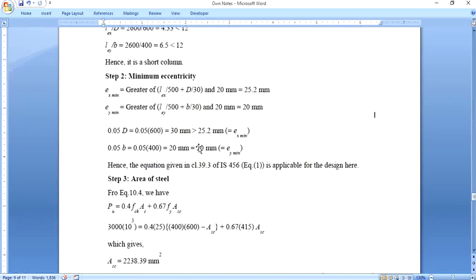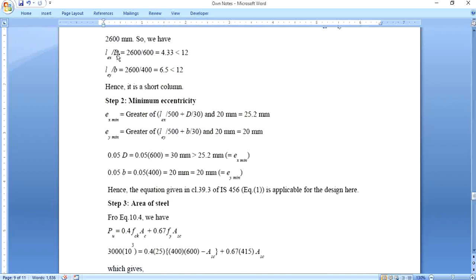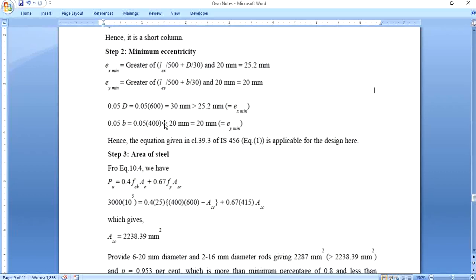Remember, in any case the eccentricity should not exceed 0.05 times D, which we have to take care of. That is 0.05 times the least lateral dimension: in x direction I can consider D, in y direction I can consider B. In the same manner you have to follow it everywhere.